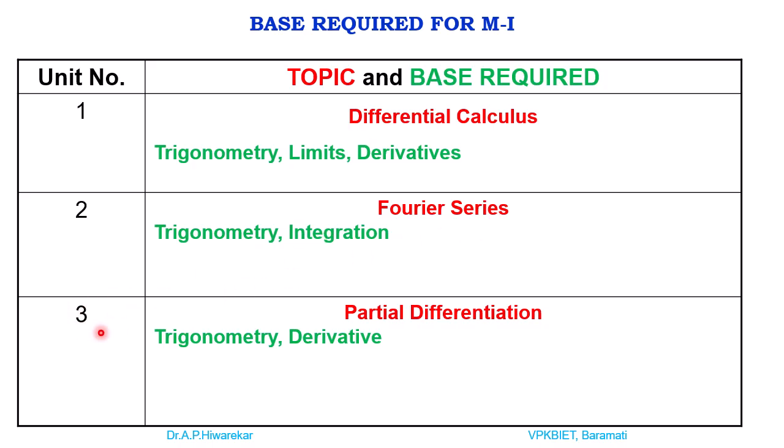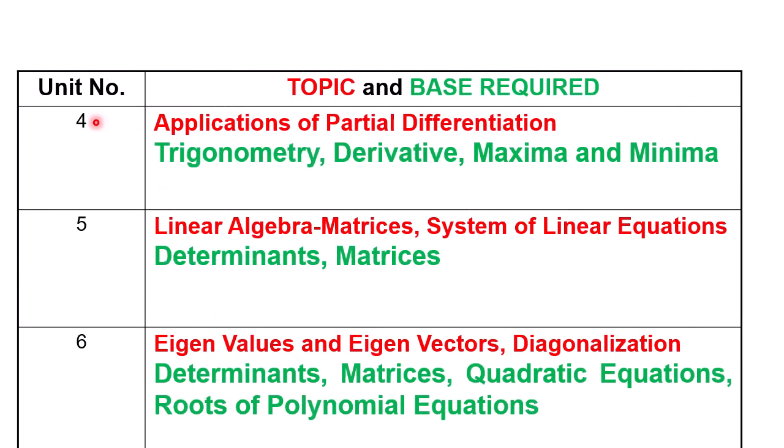Unit number 3, which is partial differentiation, requires trigonometry and derivatives as a base. Unit number 4, which is application of partial differentiation, requires trigonometry, derivatives, as well as maxima and minima, which you learn up to your 12th standard.